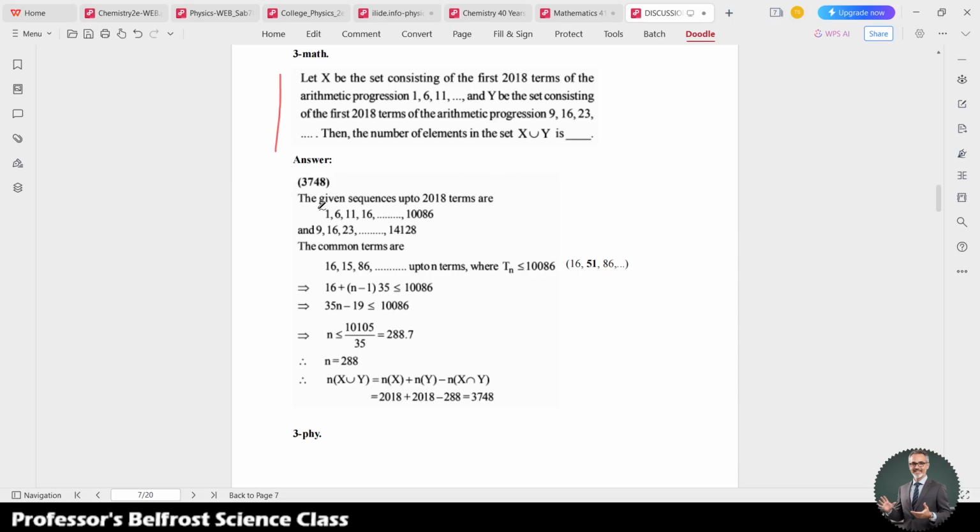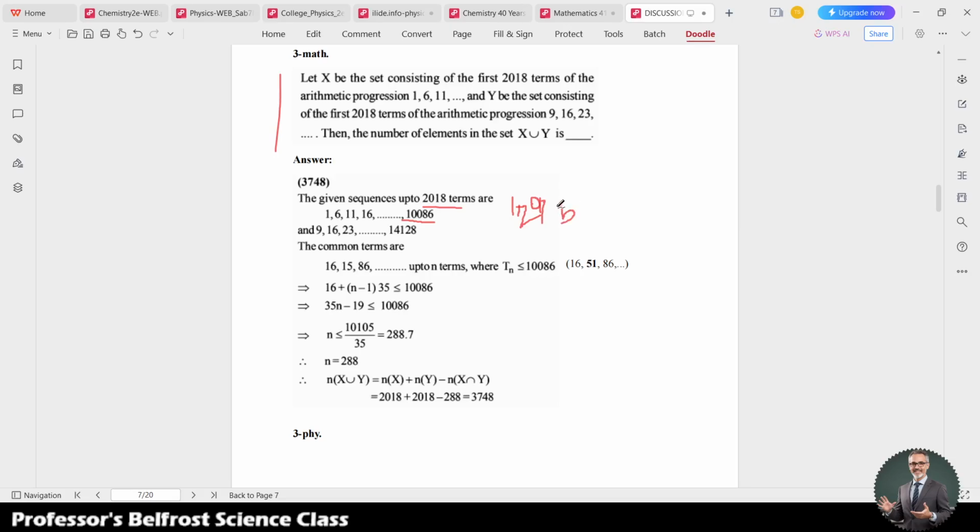So we are given sequences up to 2018 terms. For the first one, it is 1, 6, 11, 16, up to this. How to find this? This is just basic arithmetic: a plus (n minus 1) times d, where d is the difference, which is 5 here.